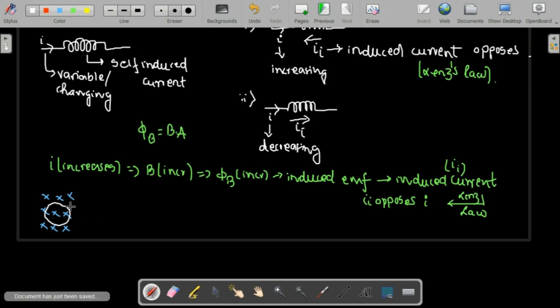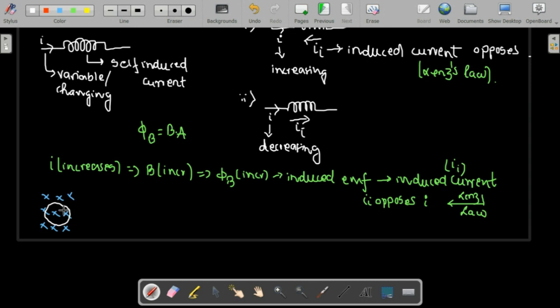Now if you use your thumb rule, the magnetic field is in the upward direction, and if you use your thumb to find out the direction of the current, you can find it.